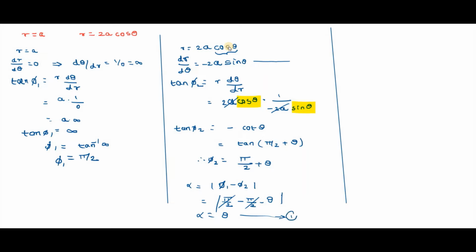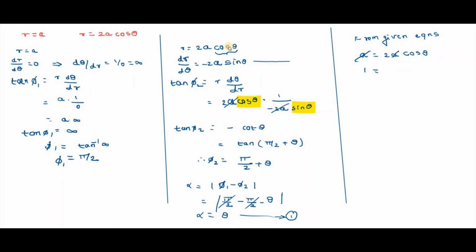Now check whether it is possible to find the value for theta from the given equations. From the given equations, A is equal to 2A cos theta. You have to equate the right hand side because the left hand side has R. A and A get cancelled.